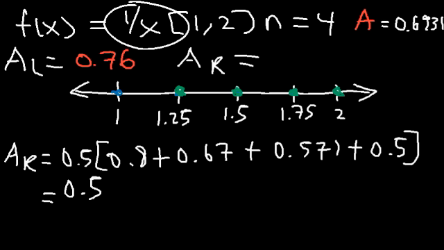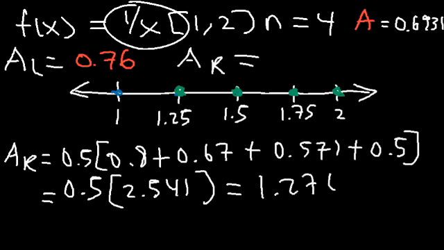So now let's calculate the area. Let's add the four numbers inside the brackets: 0.8 plus 0.67 plus 0.571 plus 0.5. That's about 2.541. And half of that is 1.2705. But let's round it and say it's 1.27.